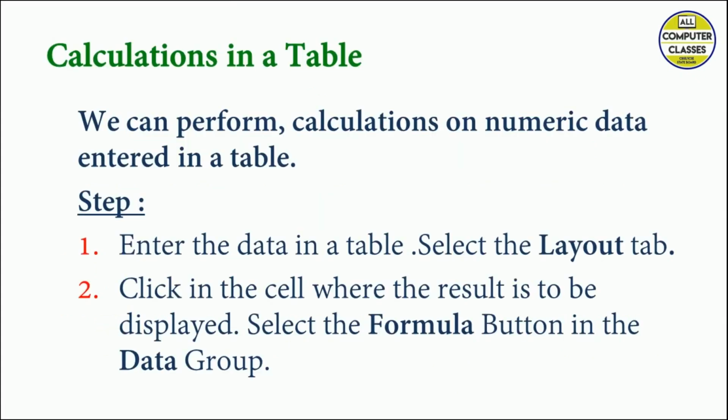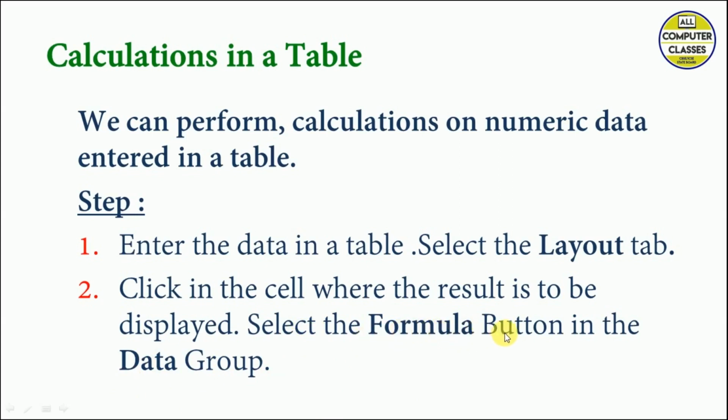So, calculation in a table: we can perform calculation on numeric data entered in a table. So what are the steps? Step 1 is enter the data in the table and then select the layout tab. After selecting the layout tab, click in the cell where we want our result to be displayed. And then in the data group, we will click the formula button.